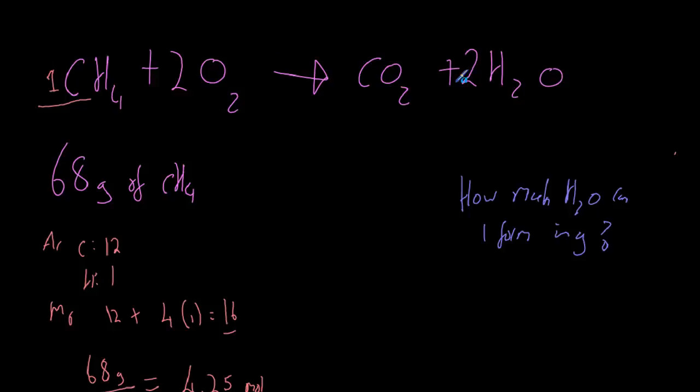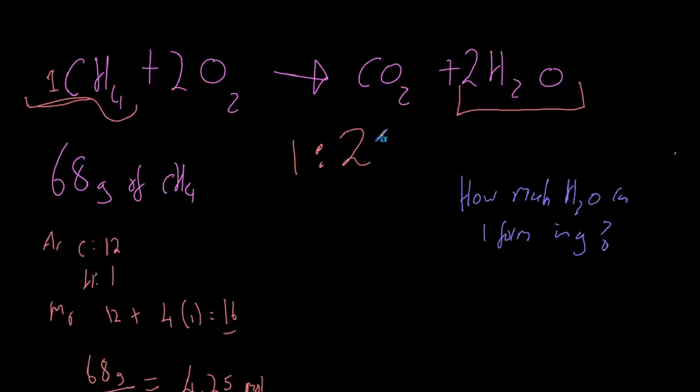You can think of that in terms of molecules and in terms of moles. And so that means that 1 mole of CH4 here will give us, I'm ignoring the oxygen and the carbon dioxide just because I don't need them for this question, 2 moles of water.